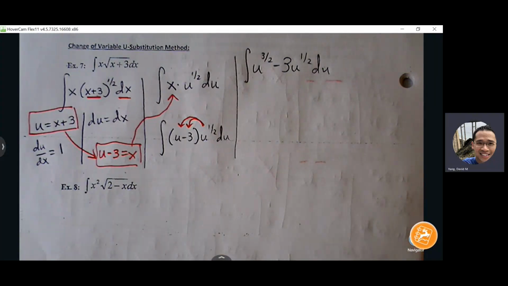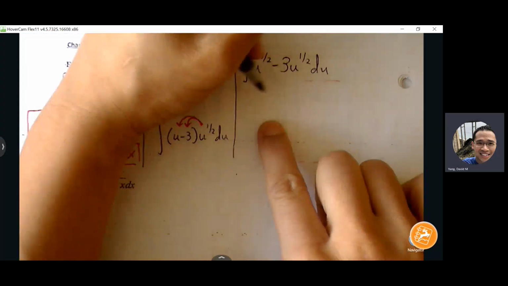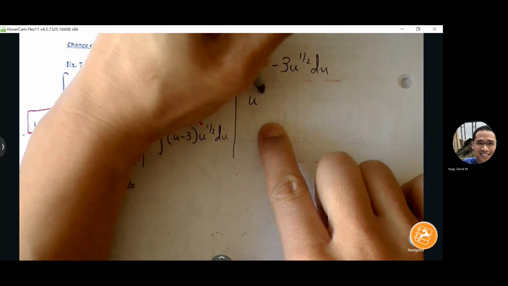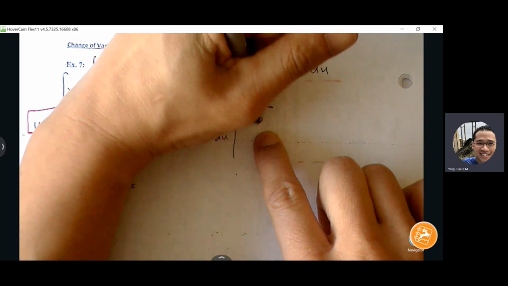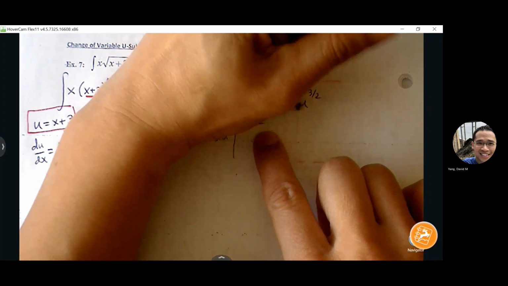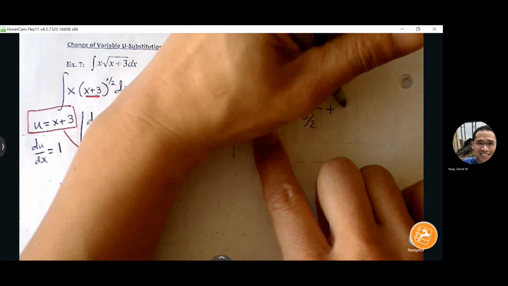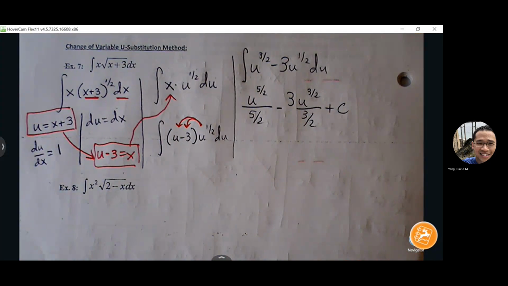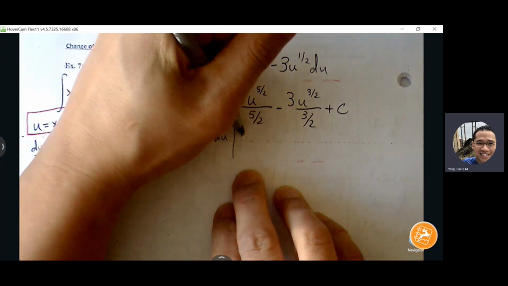So now we go through power rule. Okay. So add 1 to the exponent, divided by that exponent. Okay, flip those fractions in the denominator.